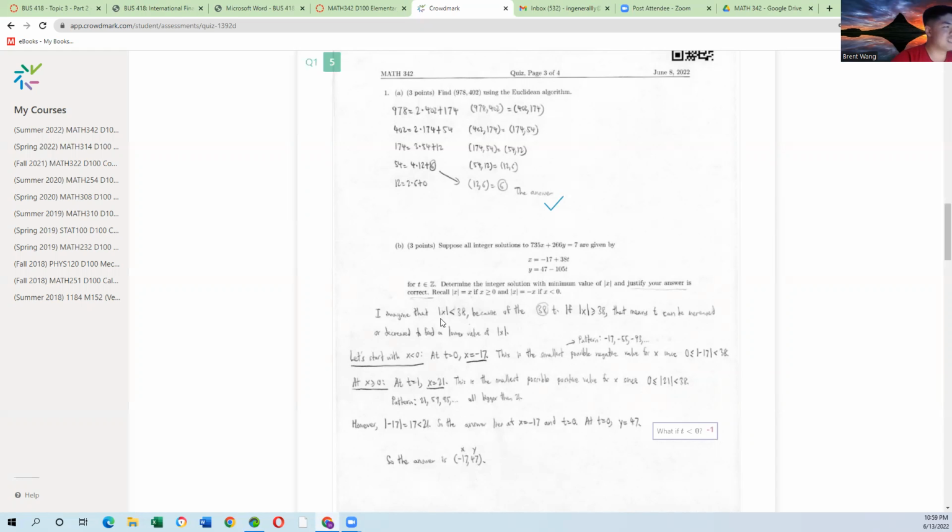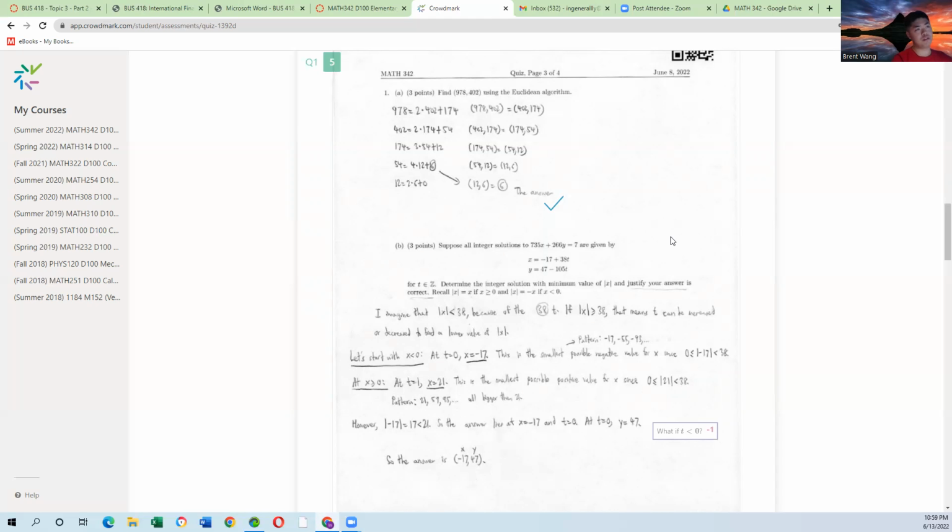Okay, here's what I wrote. I said, using logic, I would imagine that the absolute value of x would be less than 38, because of the 38t. In division terms, x is congruent to something mod 38.